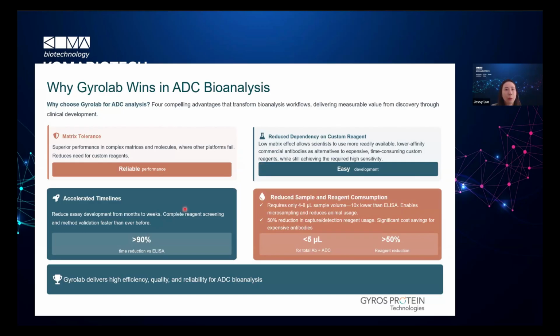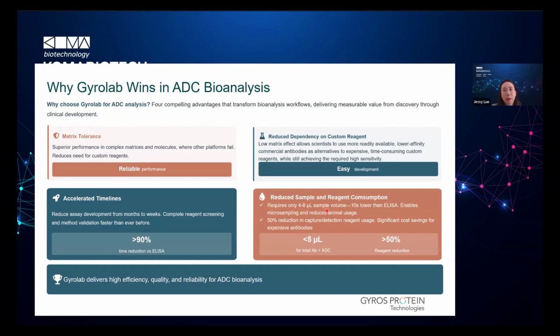Also because of the fast data read and automation platform, we could accelerate the assay development timelines, with almost 90% time saving compared with ELISA, and reduce the sample and reagent consumption.